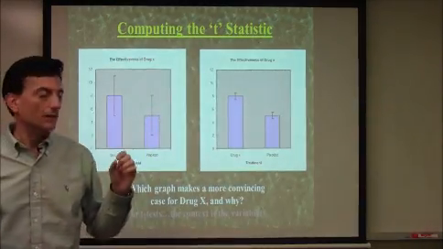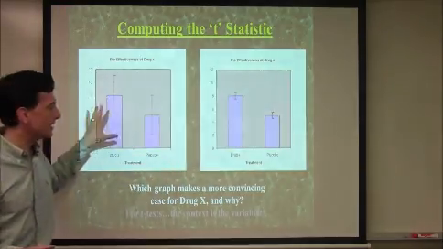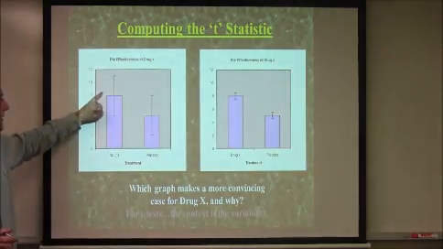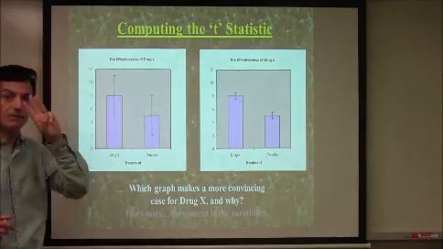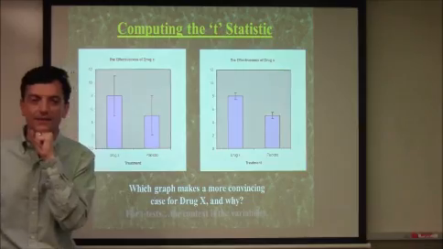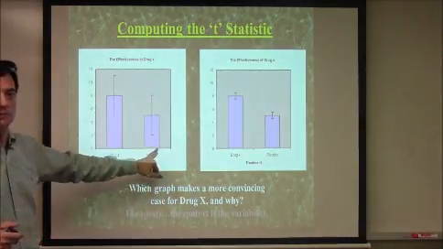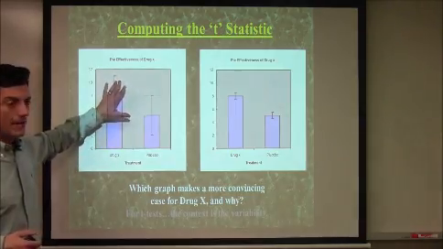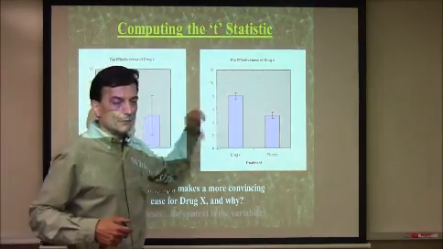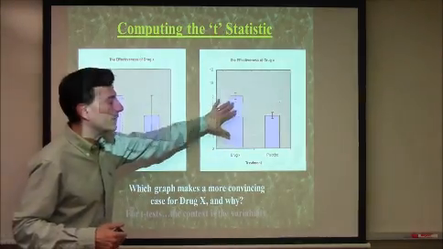The error bars are much shorter and hug the mean much more tightly in this case than in this case. Interestingly, the difference of 8 minus 5 here is a difference of 3, and 8 minus 5 here is a difference of 3 again. So we have identical differences between the drug and the placebo in the left graph and in the right graph, but we probably have a much more convincing case for drug X here than we do here.